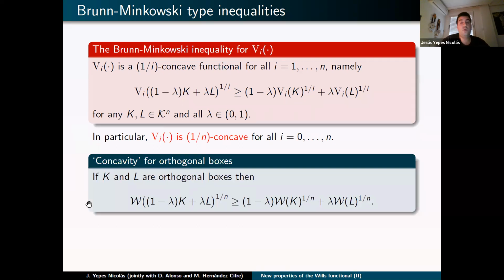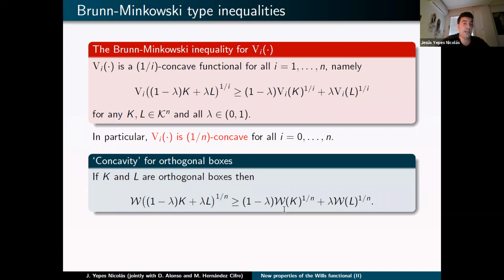This, together with the following result for orthogonal boxes, made us wonder about the possibility that this functional also satisfies a Brunn-Minkowski inequality in its classical form, I mean with exponent 1 over n. What happens for orthogonal boxes is exactly that: this functional of the convex combination to the power 1 over the dimension is bigger than the convex combination of this functional of these boxes to this power.